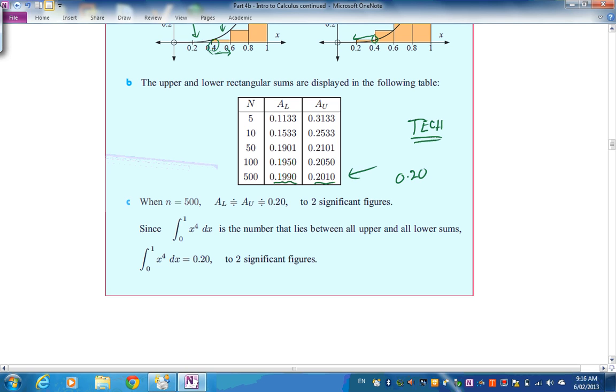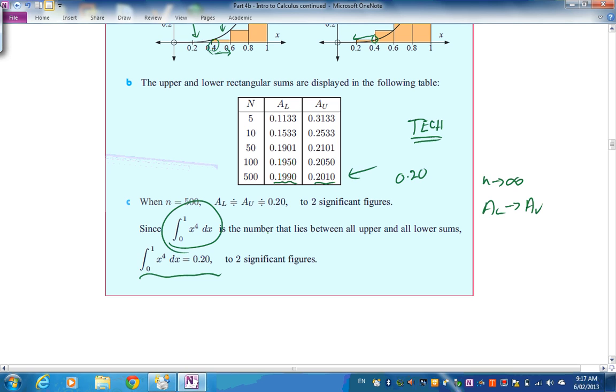So we would say they're approximately the same. As we said, as n tends to infinity, the lower tends to the upper, and we're seeing it happening now. So we would say the actual exact answer lies between the two and would be 0.20 to 2 significant figures.